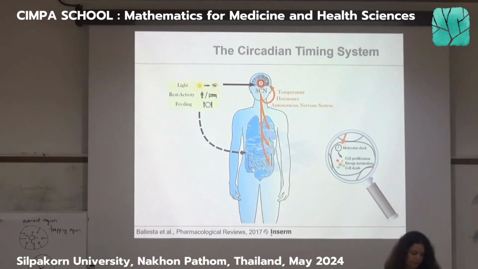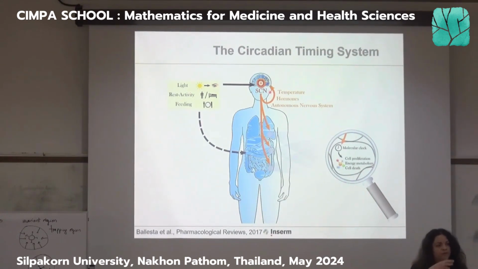So just for your information, because it's not going to be relevant for the following, we actually have a master clock in the brain, just behind the eyes. And this master clock is also an oscillator, it's a strong oscillator. Again, if you take it outside of the brain, you will still get oscillations. But it's oscillating not with a 24-hour period.